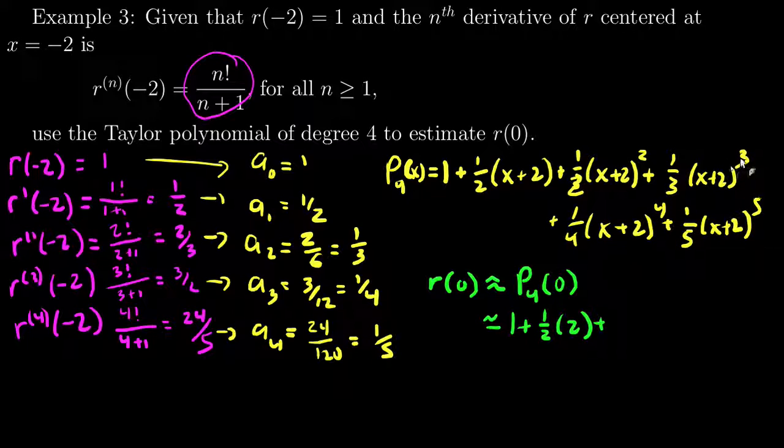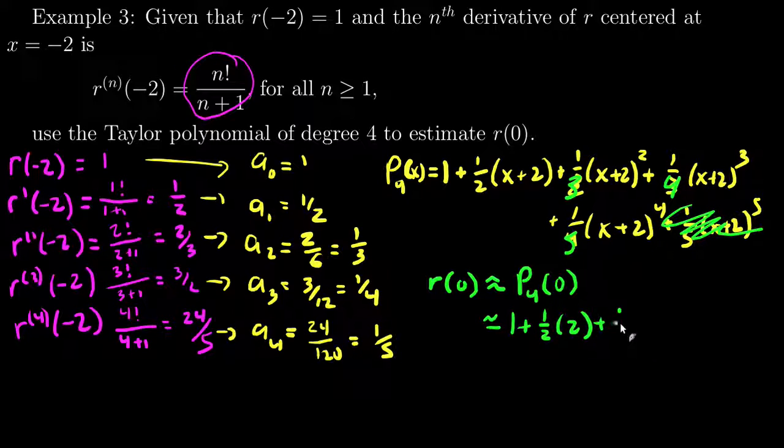Hold on, I was an idiot again. So this should be 1/3 x squared, 1/4 x cubed, and 1/5 x to the 4th. I don't have this term. It's just the 4th degree. Okay, sorry.